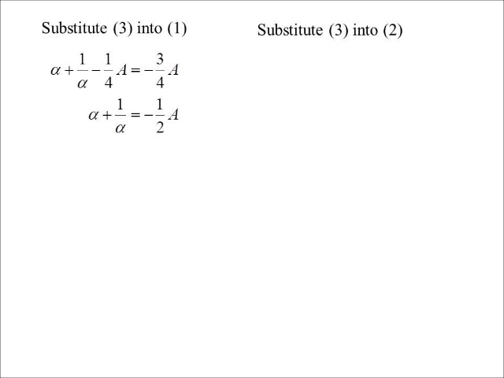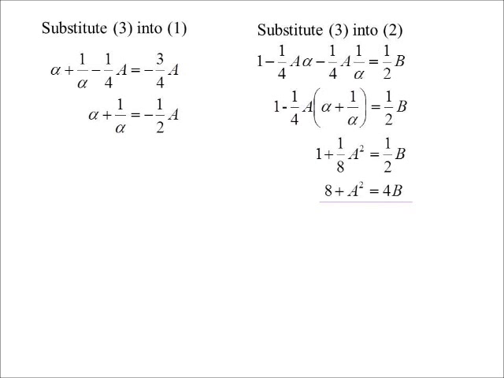If I substitute the third one into the first one, I get alpha plus 1 on alpha is minus 1/2 a. If I substitute the third one into the second one, eventually we get our result. Right? So you'll notice I was able to factorise the alpha plus 1 on alpha, which we've just said is equal to minus 1/2 a. So I've substituted that in, got rid of the fraction, and there's my result.